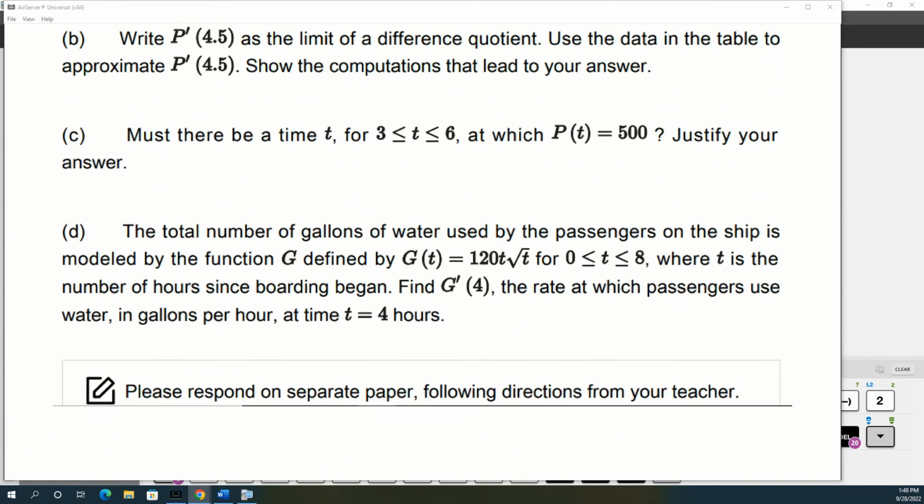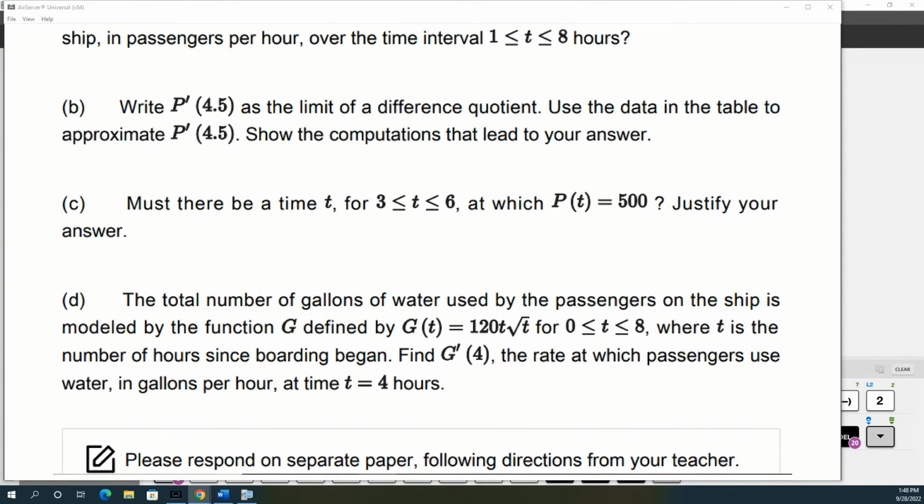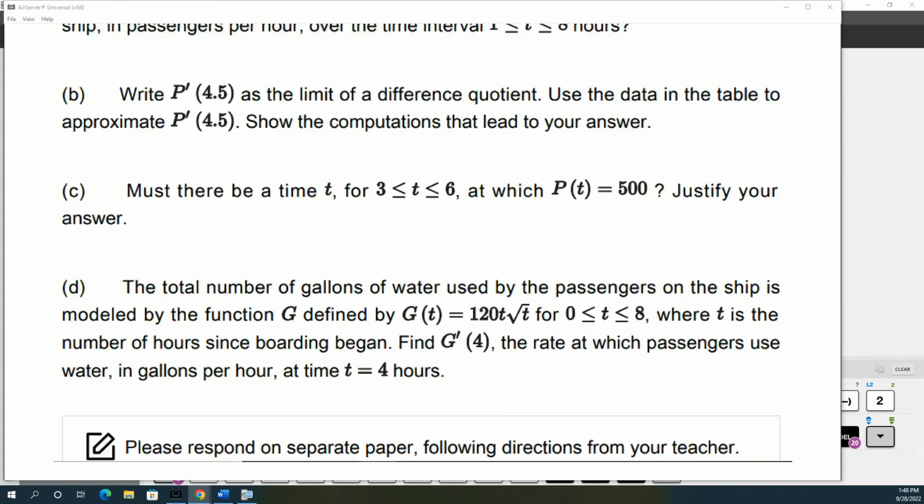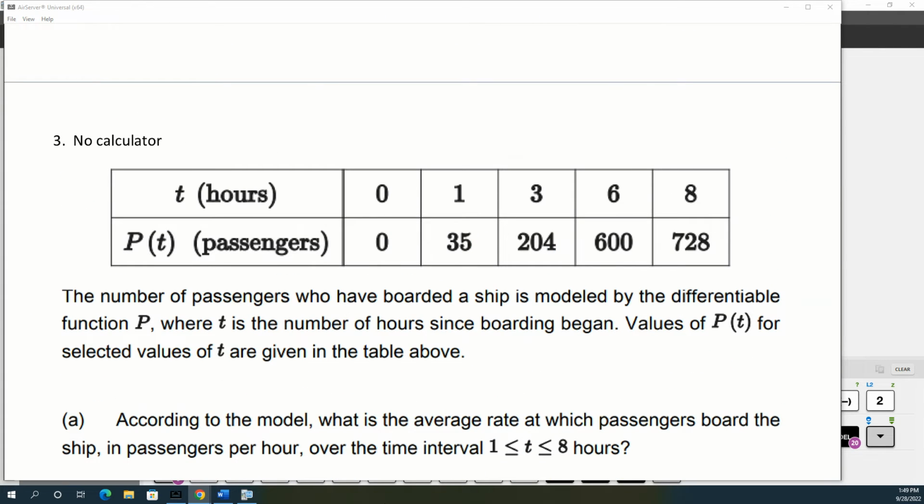All right. The second part is asking you to use the data in the table to approximate it. So anytime we use the data in the table to approximate a derivative, it's asking us to find the average rate of change. Now, 4.5 is not in our table, so we would want to pick t values that 4.5 falls in between.